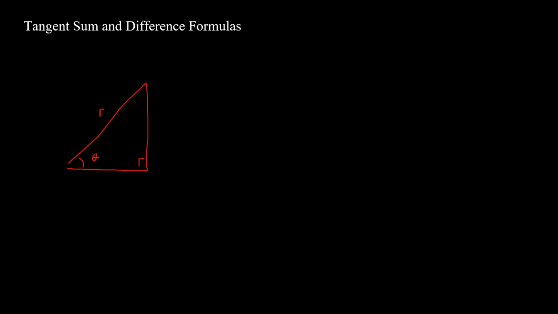And let's say it has a hypotenuse of length r, and the side opposite to theta is going to be called op, and the side adjacent to theta is going to be called adjacent. So we know that sine theta is going to be equal to opposite over hypotenuse, which is just r in this case, and that cosine theta is going to be equal to adjacent over hypotenuse, which is just r in this case as well.